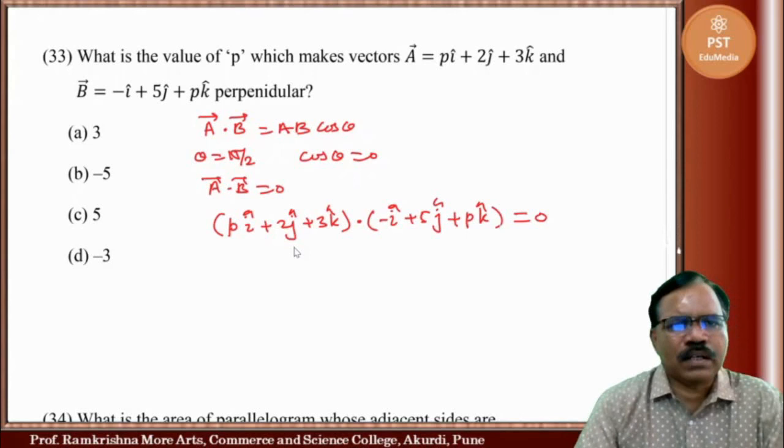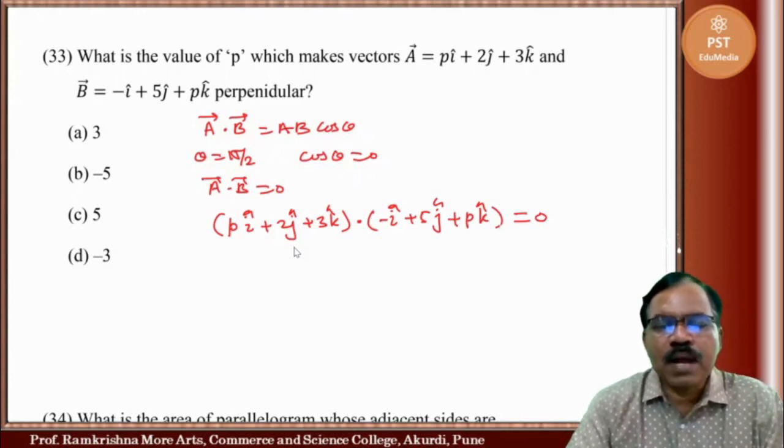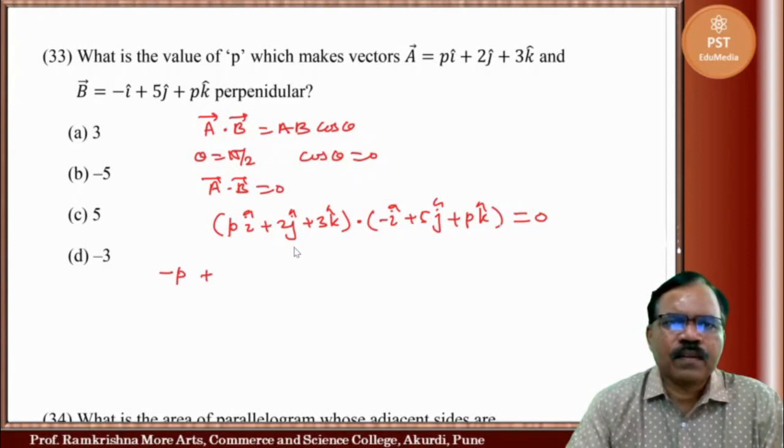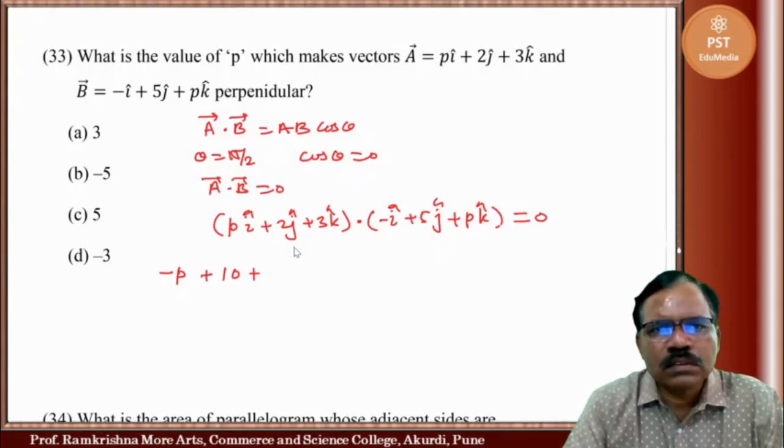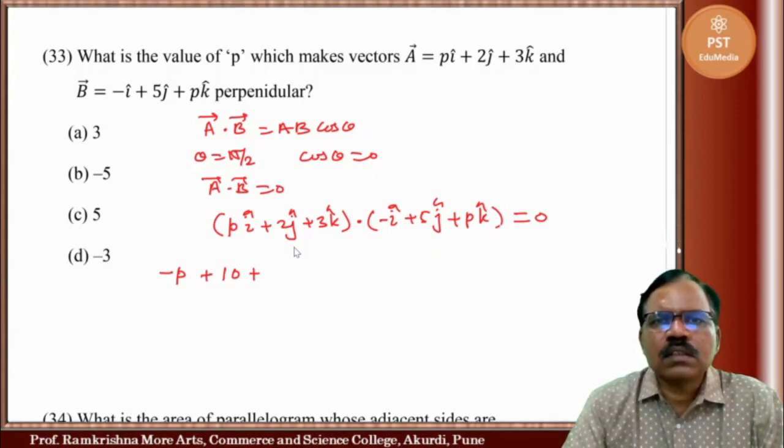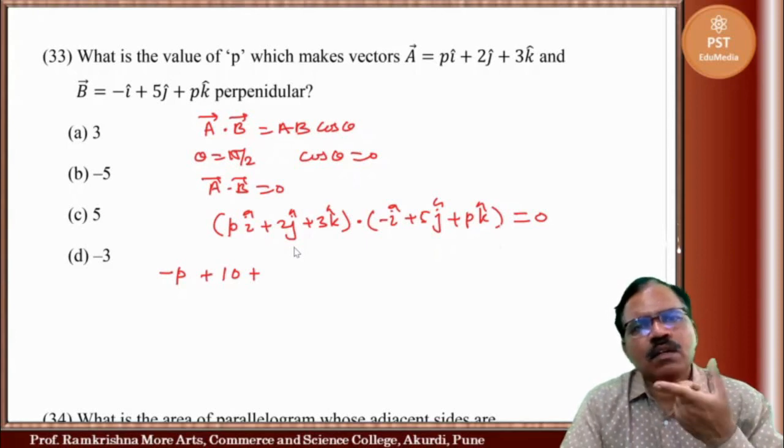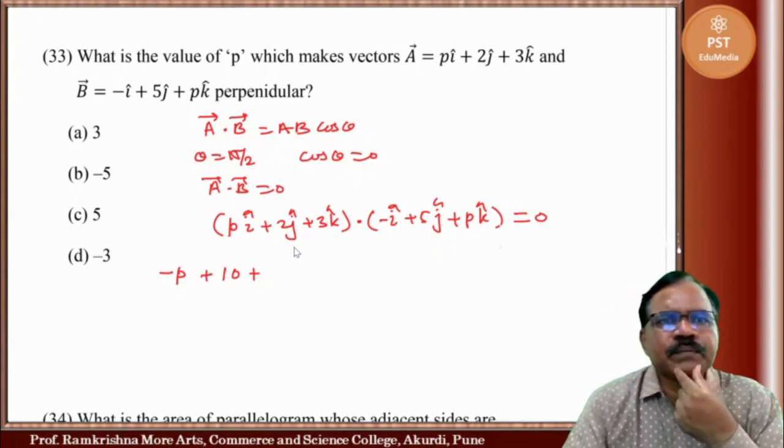Now this is dot product, so we'll get pi dot minus i, so we'll get p with minus sign, plus 2j dot 5j, so we'll get 10, plus 3k dot pk, so we'll get here 3p, and this is equal to 0.